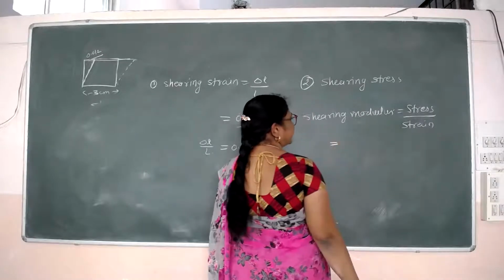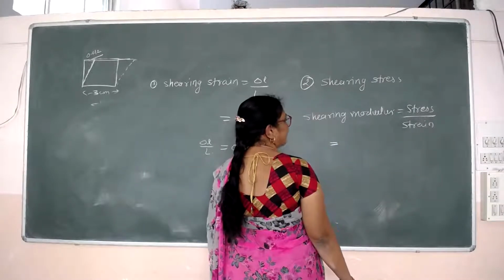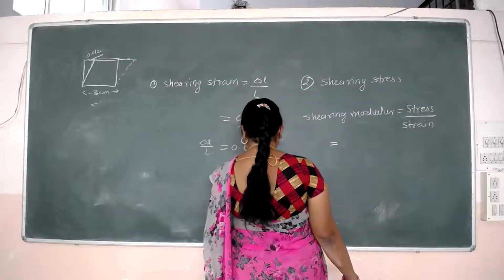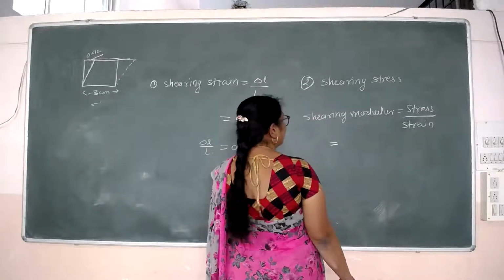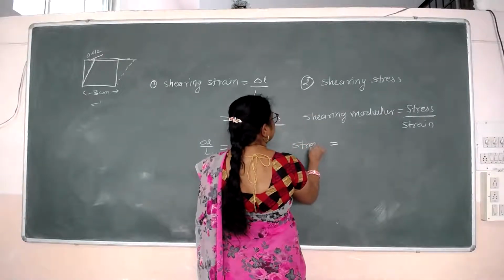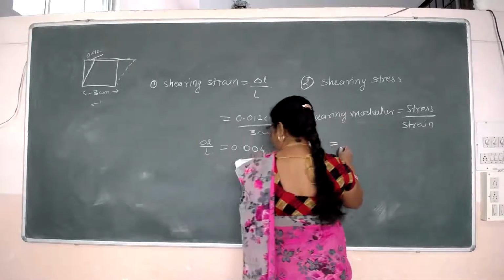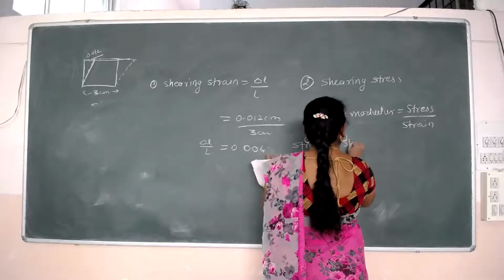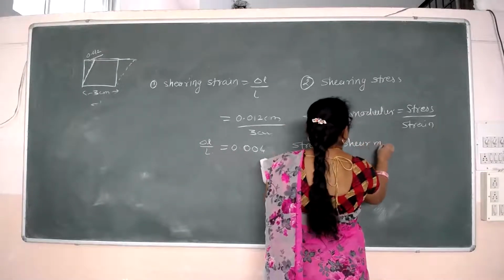Stress is the force per unit area and strain is defined as change in length to the original length. So to find the shearing stress, take one side: stress is equal to shear modulus into strain.